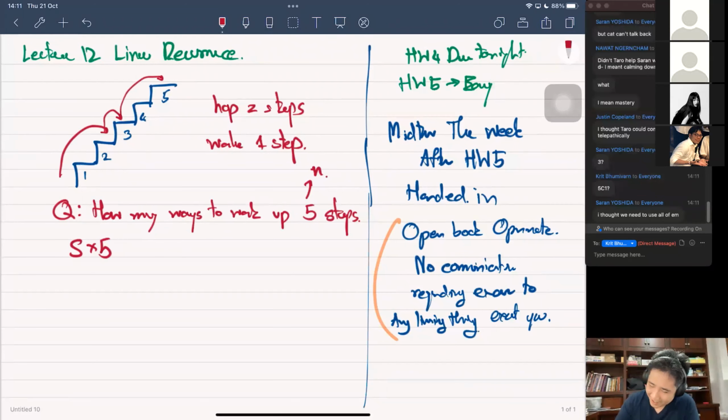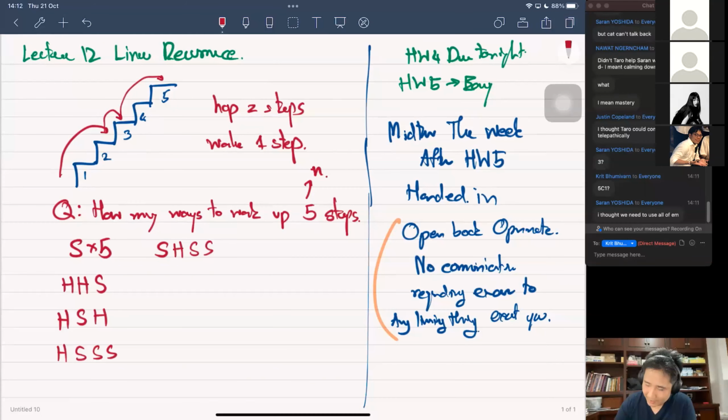Or you can hop, and then step. Double hop and then step. Or you can hop, step, then hop. That works too. That's what I just drew. Or you can step, and then a hop, that's 3, plus step.